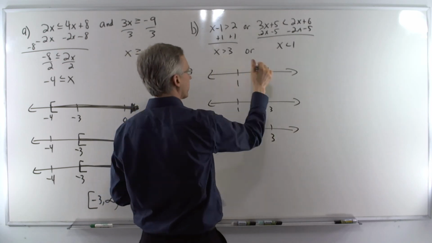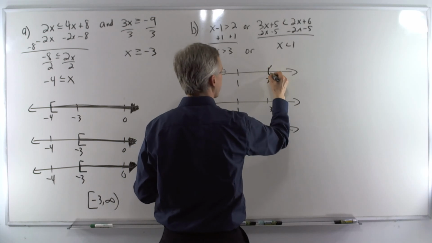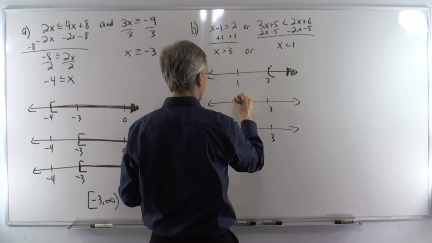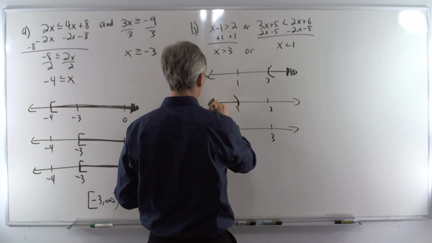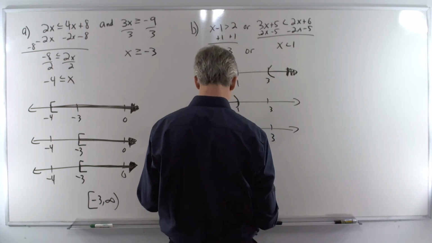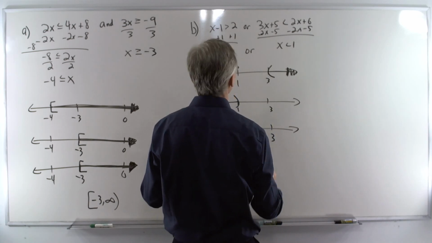So x greater than 3, strictly greater than, so we got a parenthesis there. X less than 1, got a parenthesis there. And now we're looking for, see, we have or.